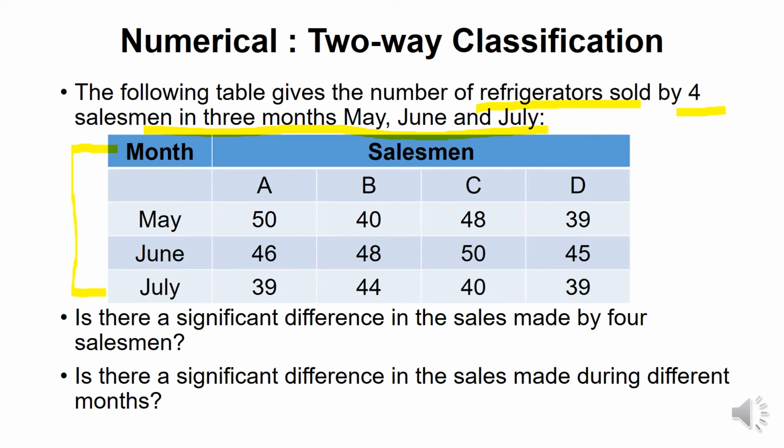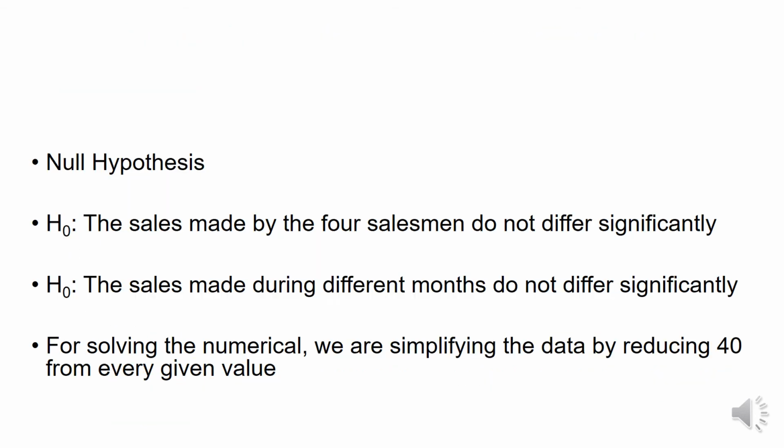You are required to deduce the F ratios and conclude whether there is a significant difference in the sales made by 4 salesmen, and in the second part deduce after meaningful conclusions, is there a significant difference in the sales made during the different months. So we'll solve this two-way classification numerical.